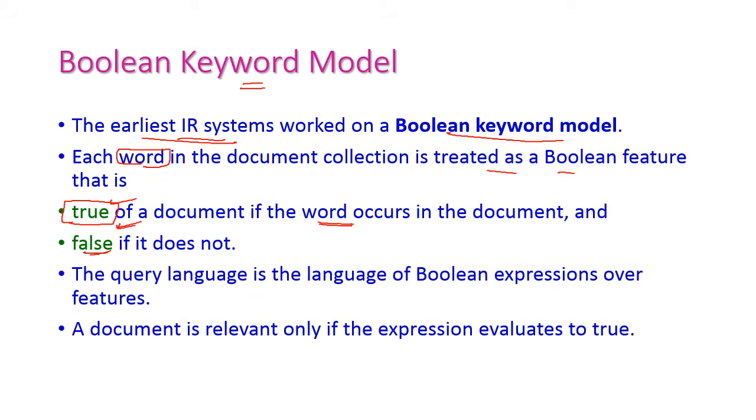If the word is present, then the result will be true, otherwise the result will be false. The query language is the language of Boolean expressions over features, and the document is relevant only if the expression evaluates to true, otherwise the document is irrelevant.